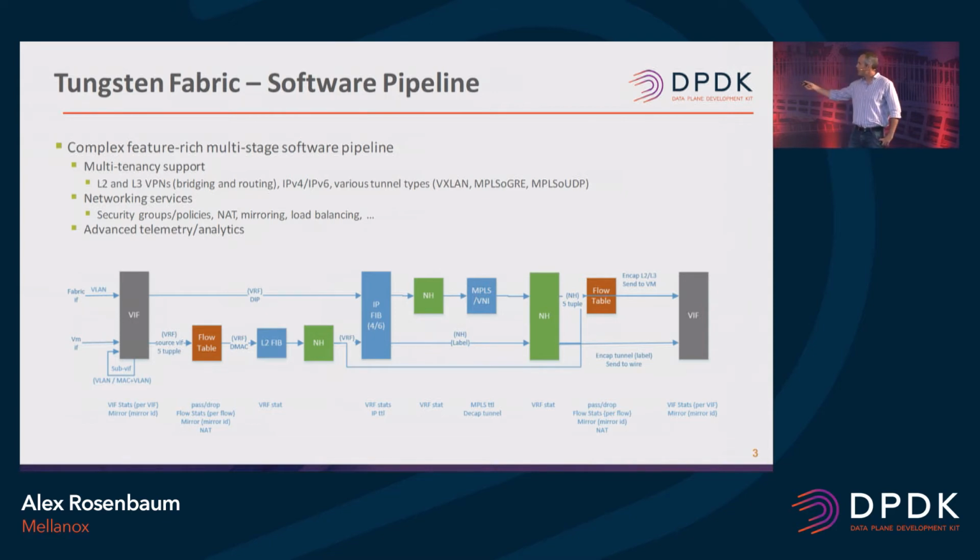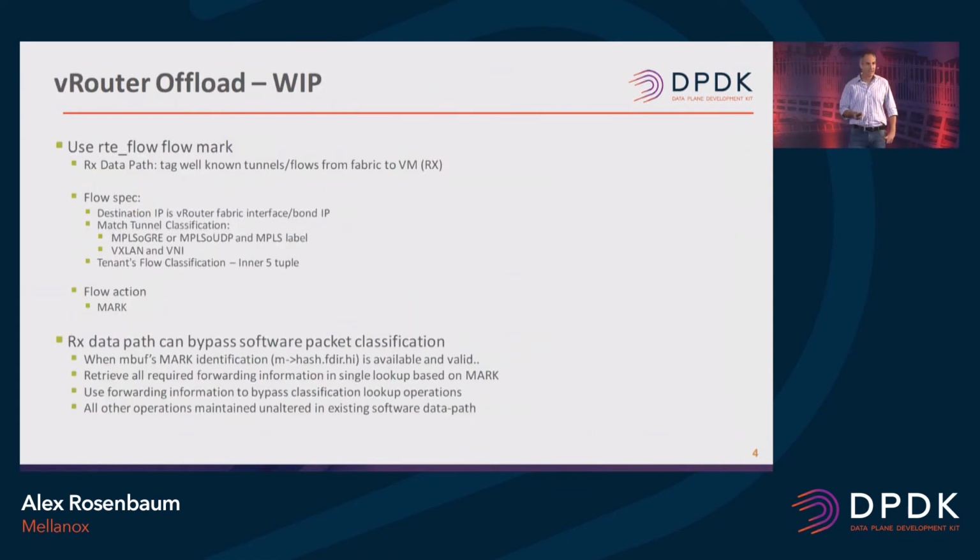So part of the challenge is how do we offload all these different functionalities. A lot of it, again, is going to be similar to what we've been discussing doing with the OVS offloads, in partial or full offload. Part of the work we've started recently, working with the community, is what we call partial offload. We can define RTE flows and set marks.